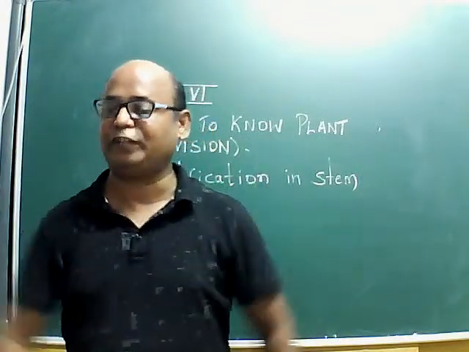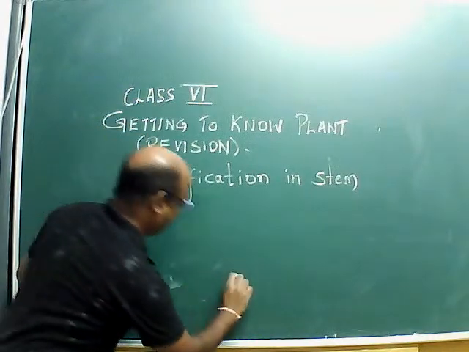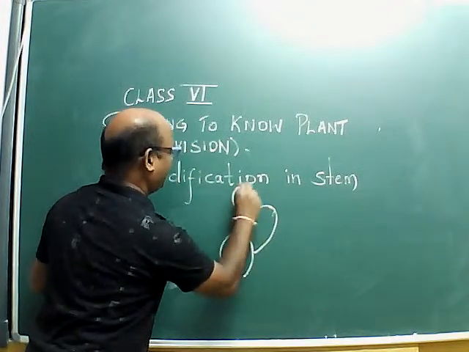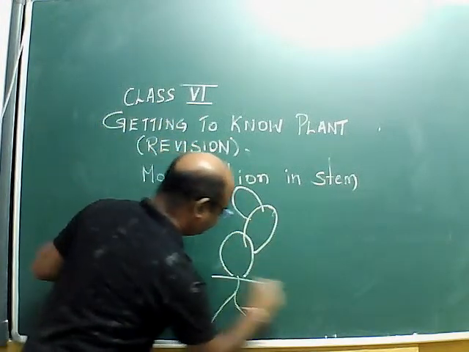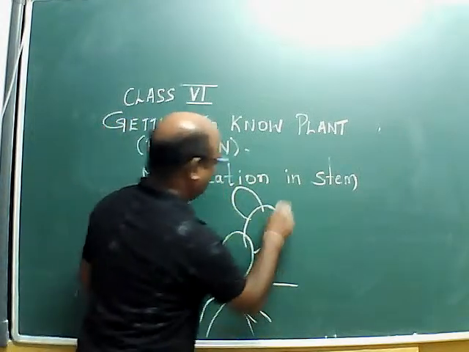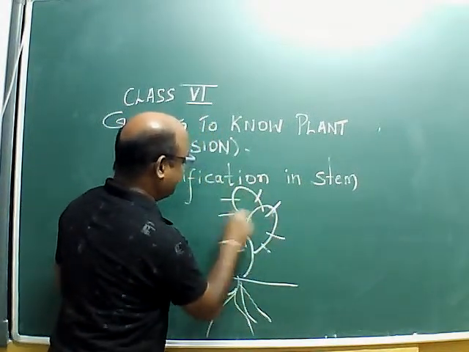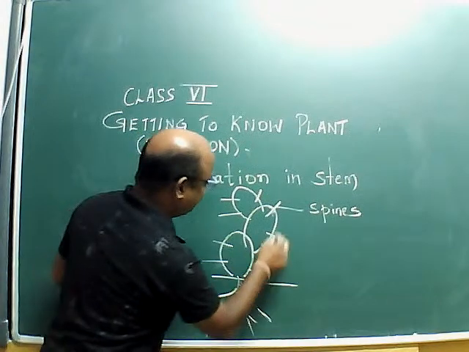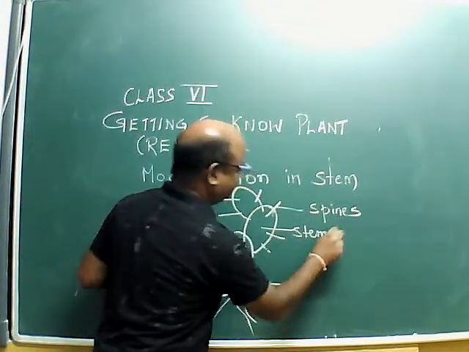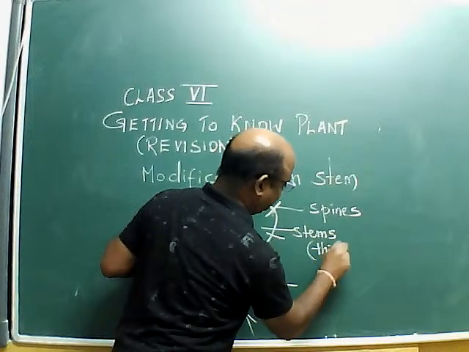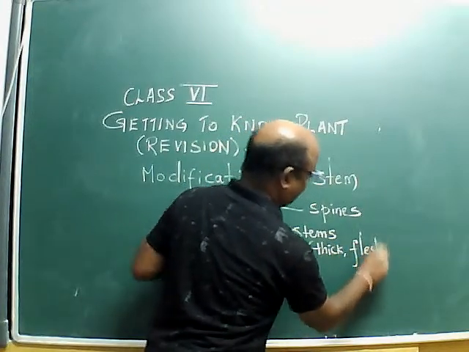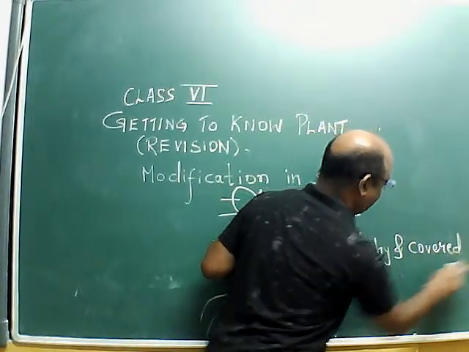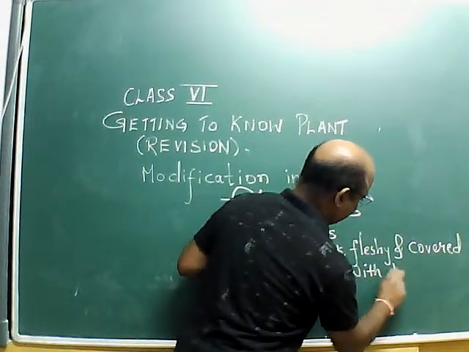Now, in this cactus like Opuntia, we will find the stems are thick, fleshy, and covered with a thick cuticle.